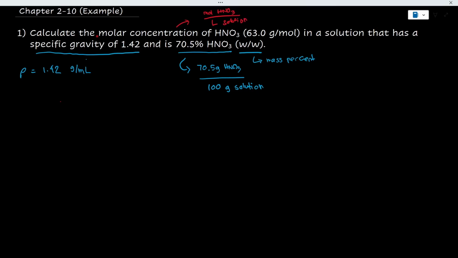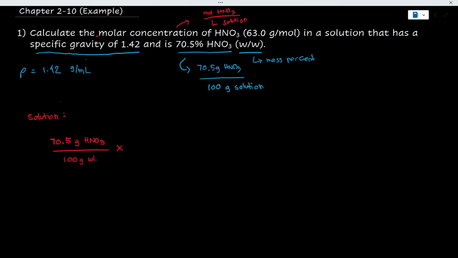In solving this problem, let's start with the given mass percent. So that is 70.5% nitric acid. So 70.5 grams HNO₃ over 100 gram solution.